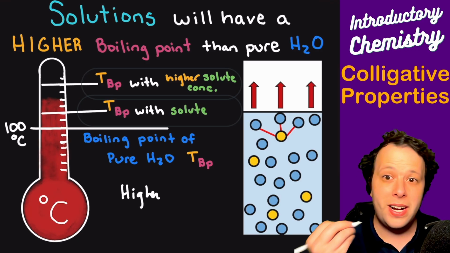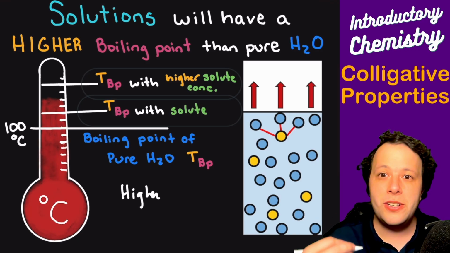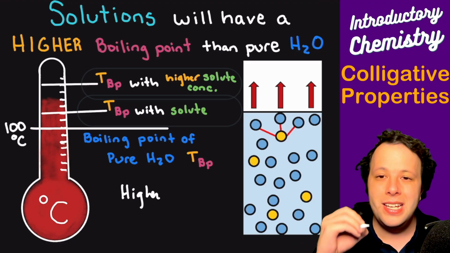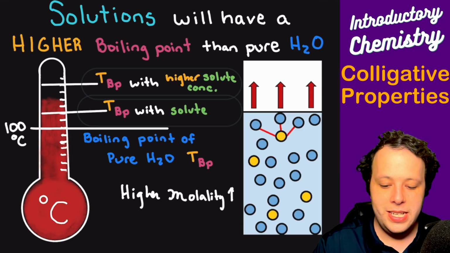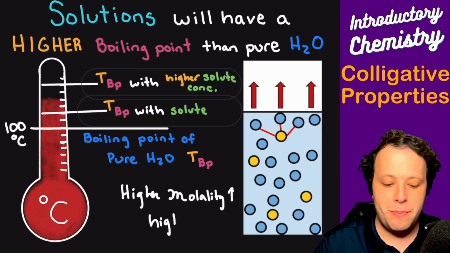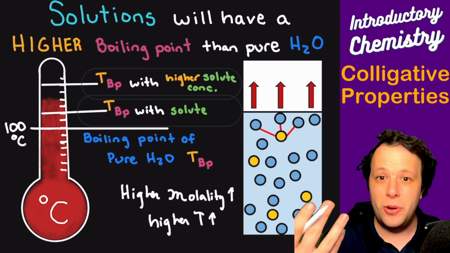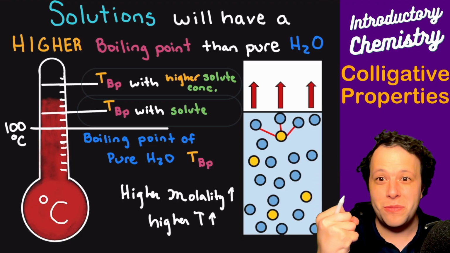Now, when it comes to concentration for colligative properties, we measure it in molality. That's a cursive m when we talk about molality. And the higher that is, the higher the temperature. So the more concentration, the more temperature, because it's holding those molecules back.